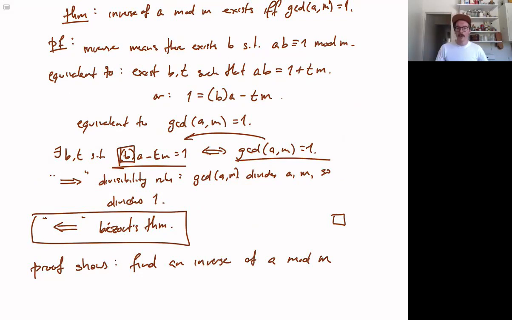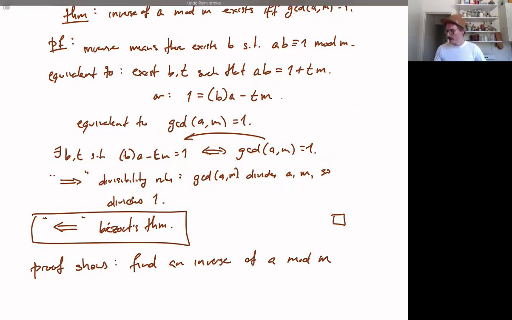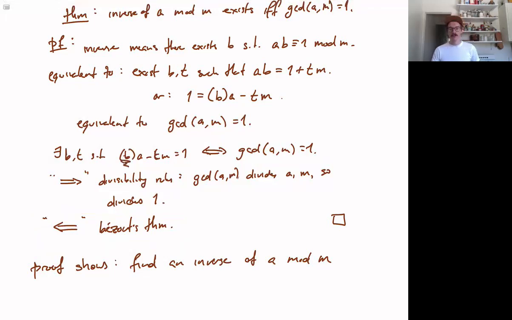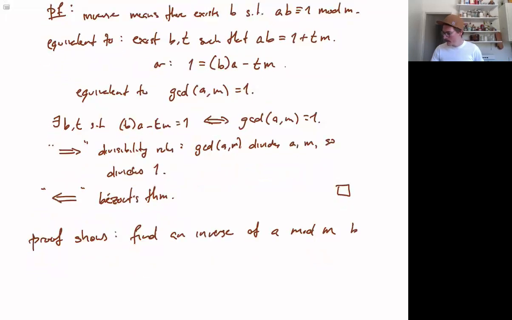And then working backwards from the Euclidean algorithm, you can find Bezout coefficients that realize that GCD. And what this is telling us is that the inverse is exactly a Bezout coefficient. So we can find an inverse of A mod M by using the Euclidean algorithm to find Bezout coefficients.